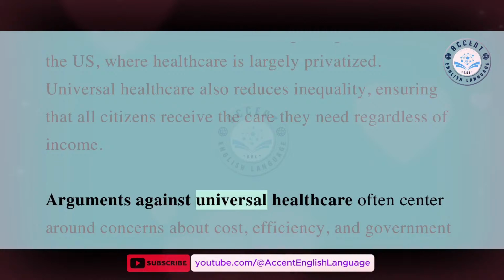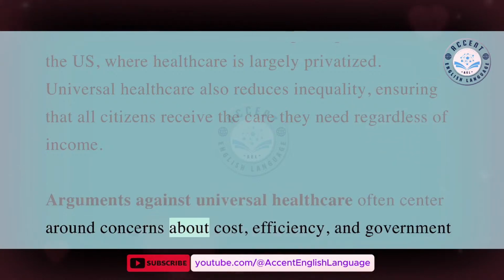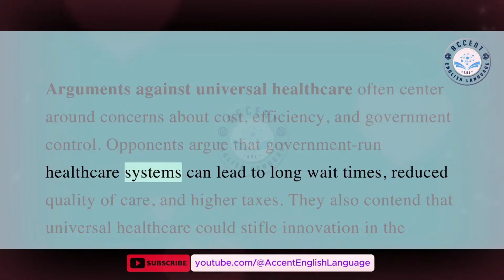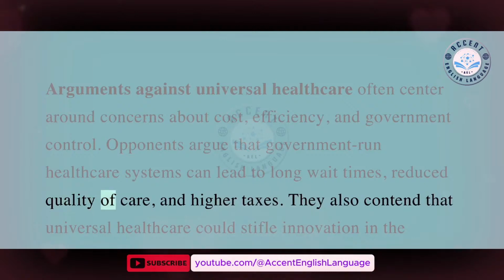Arguments against universal healthcare often center around concerns about cost, efficiency, and government control. Opponents argue that government-run healthcare systems can lead to long wait times, reduced quality of care, and higher taxes.